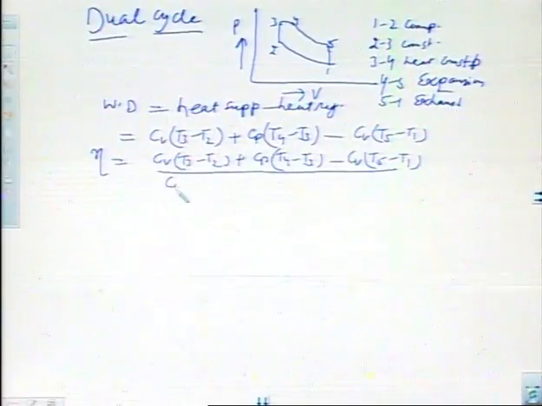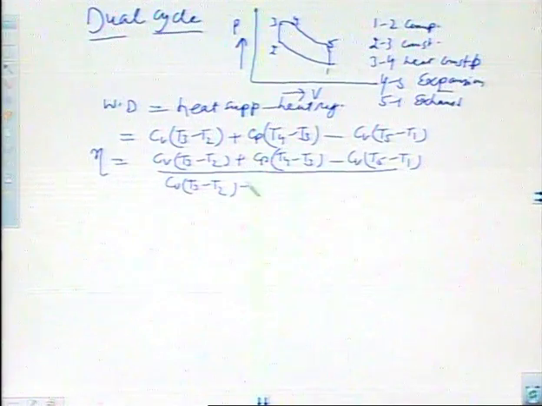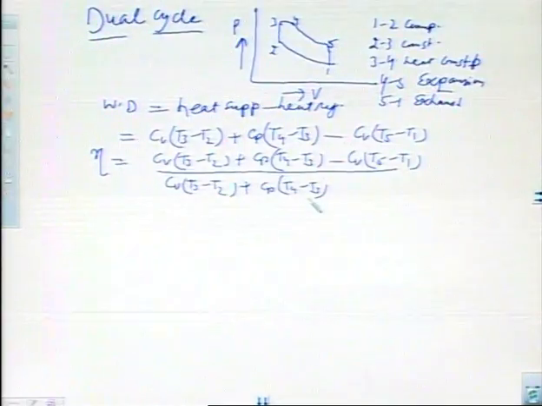What is the heat supplied here? CV T3 minus T2 plus CP T4 minus T3. In dual cycle, the heat is added at constant volume and constant pressure. So, that is why it is also called limited pressure cycle.